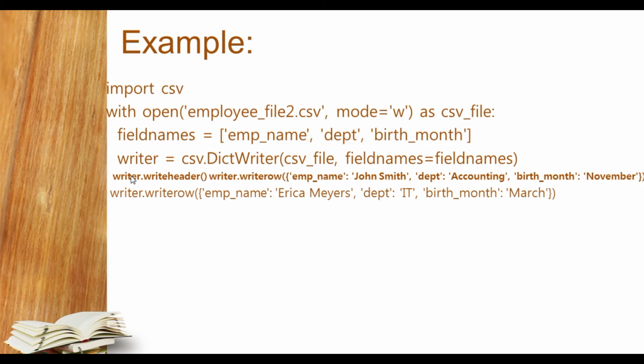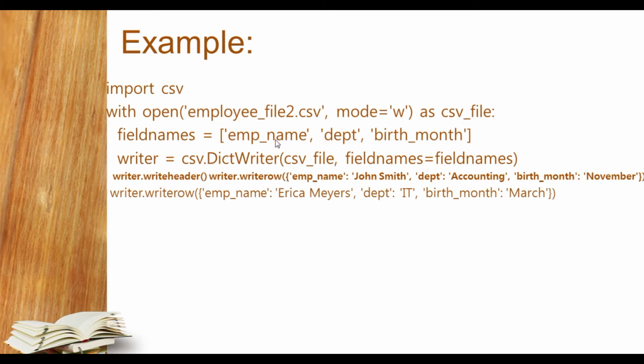Now writer.writeheader. Students, I forgot to press enter here. So writer.writeheader, then enter, and writer.writerow, within which you have to pass the whole dictionary, but keep one thing in mind: the key should be the same as the field name.